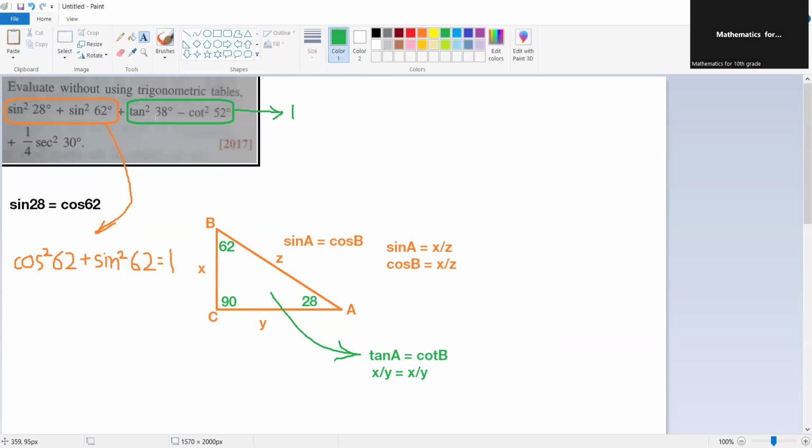So 38 and 52 are complementary here. They both add up to 90 degrees. So tan square 38 plus, so it's not plus, actually it's minus. Okay.